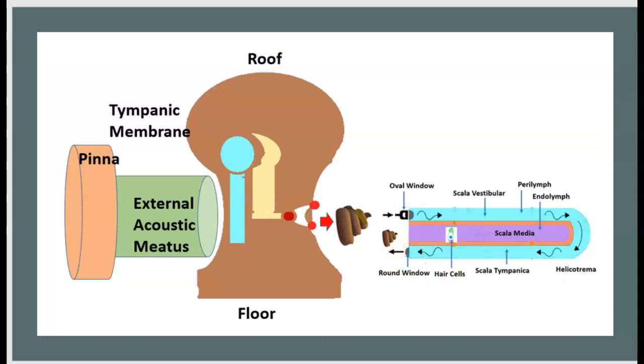Both scalae meet in the helicotrema. Vibration of perilymph is transmitted to the hair cell. Mechanical energy is transformed into electrical current through the cochlear nerve to the nervous system.